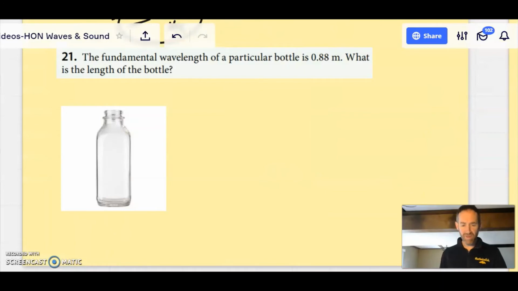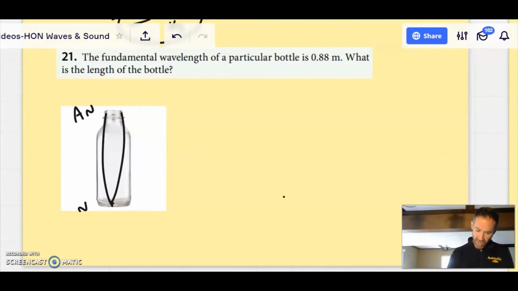Number 21 talks about the fundamental wavelength of a particular bottle, and it is 0.88 meters. And they say, what's the length of the bottle? Well, when we're talking about the fundamental wavelength, we're talking about whenever you have a node at the bottom and you have an antinode at the top, and it's going to look something like this. And so what I just drew there was a fourth of a wave.